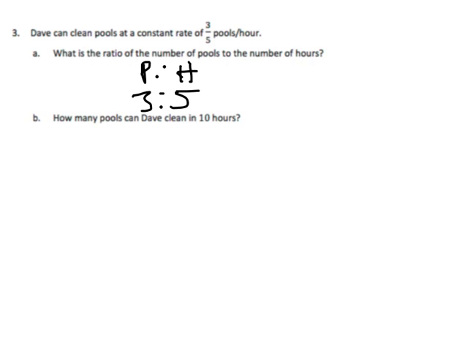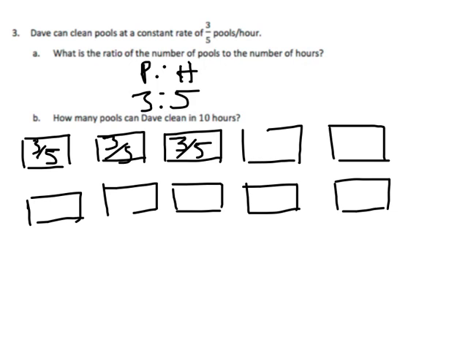Now, the question is, how many pools can Dave clean in 10 hours? Give you a big hint here. So here I drew out 10 hours. And I know that each hour, for every 1 hour, Dave can clean 3/5 of a pool. So I can either add 3/5 multiple times, or I can, that's right, you can multiply.